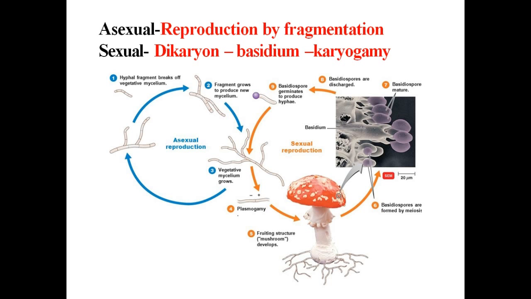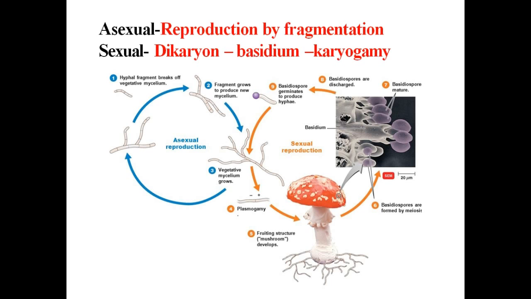The basidiospores are exogenously produced on the basidium. The basidia are arranged in fruiting bodies called basidiocarps. Here, important to remember is asexual reproduction by fragmentation, and in sexual reproduction, sex organs are absent. Their phases are dikaryon, basidium and karyogamy.